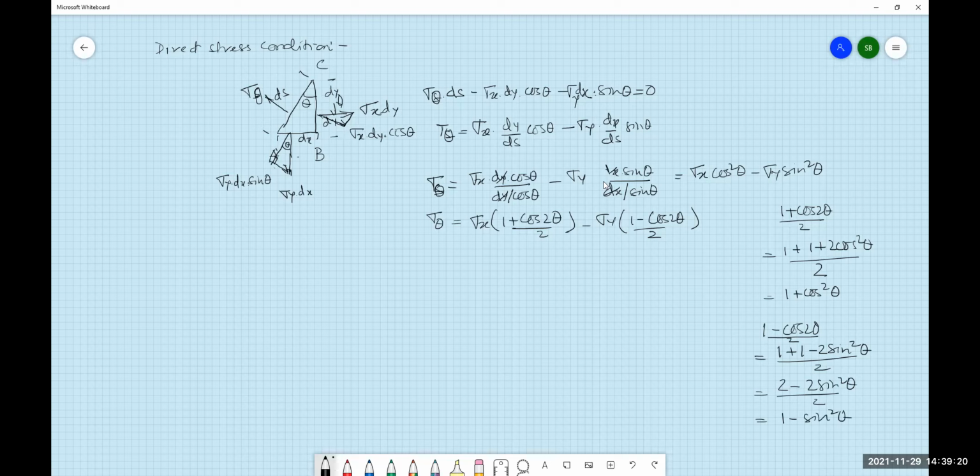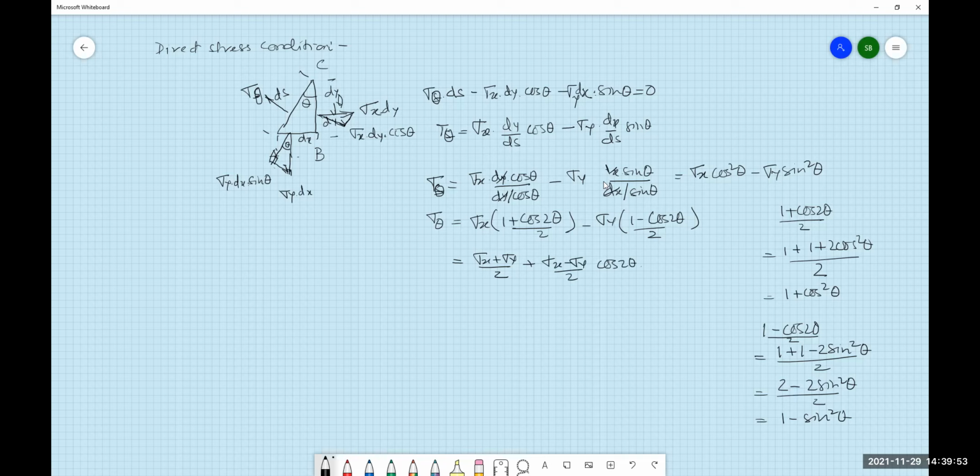So if we put this term together, it will become sigma x cos square theta minus sigma y sine square theta. So we can replace this and further simplify it: sigma x plus sigma y divided by 2, plus sigma x minus sigma y divided by 2 into cos 2 theta.